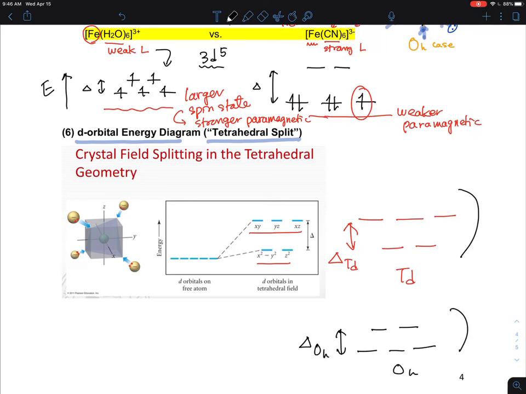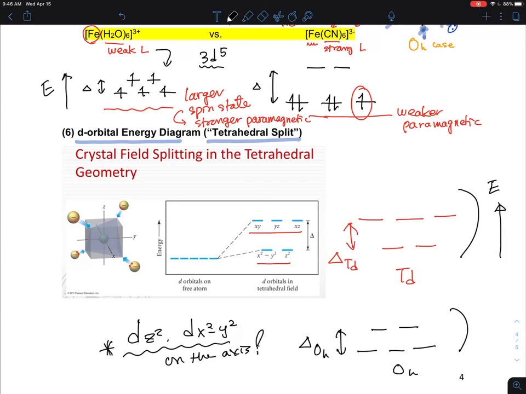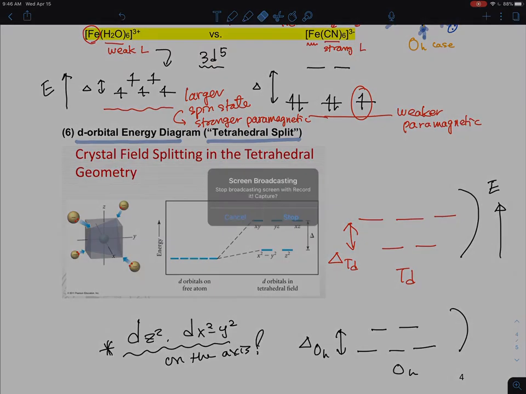Okay, this is all about the energy splitting of the d orbitals. There are 5 d orbitals. Once again, dz2 and dx squared minus y squared are the two that are on the axis. Okay, so remember that. And you should be able to understand the diagram differences straight away. Okay, let me stop here.